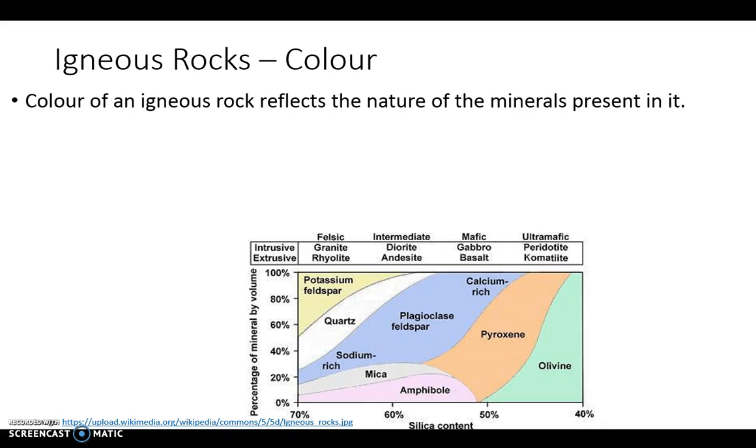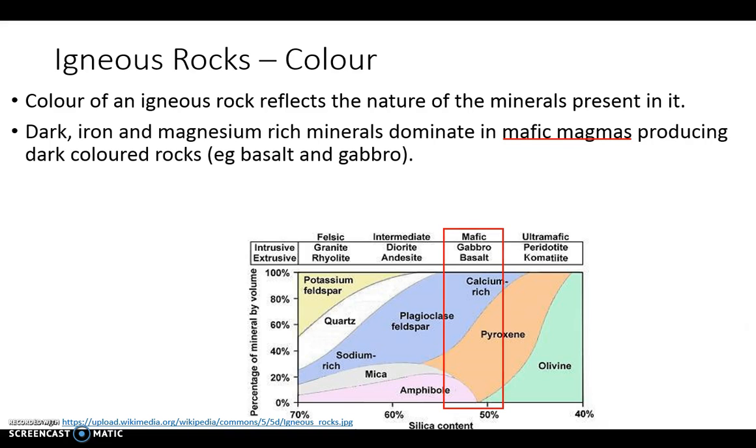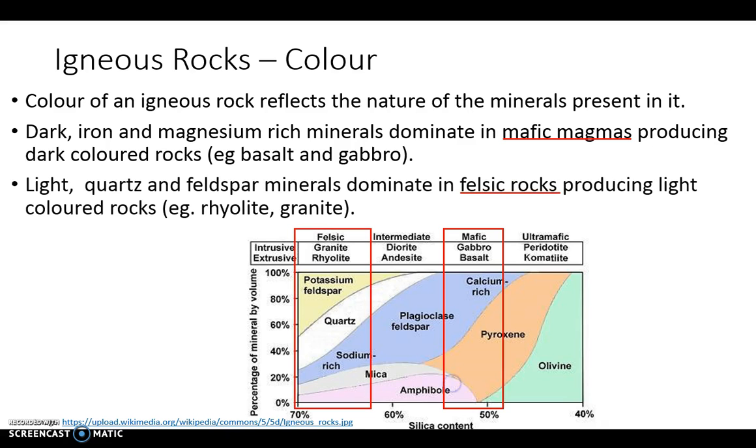The colour of an igneous rock reflects the nature of the minerals present in it. Dark iron and magnesium rich minerals dominate in mafic magmas, producing dark coloured rocks. Basalt, gabbro are two classic examples. It's not to say that iron and magnesium minerals are the only minerals we see there, but they are the ones that are giving it the colour.